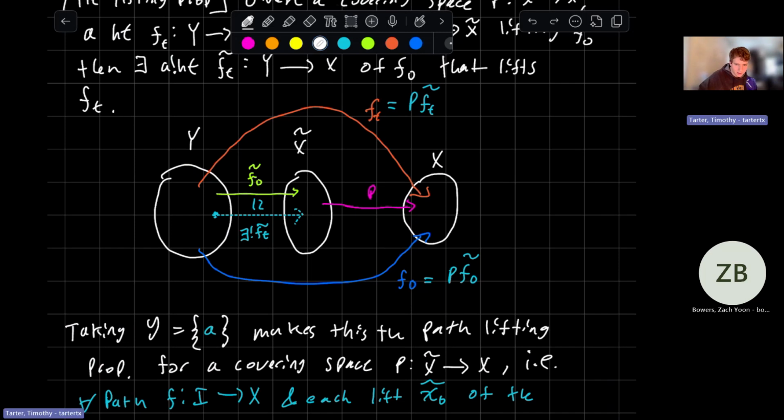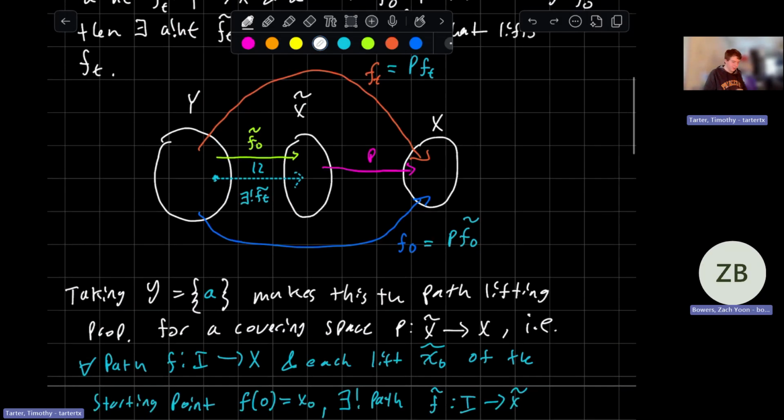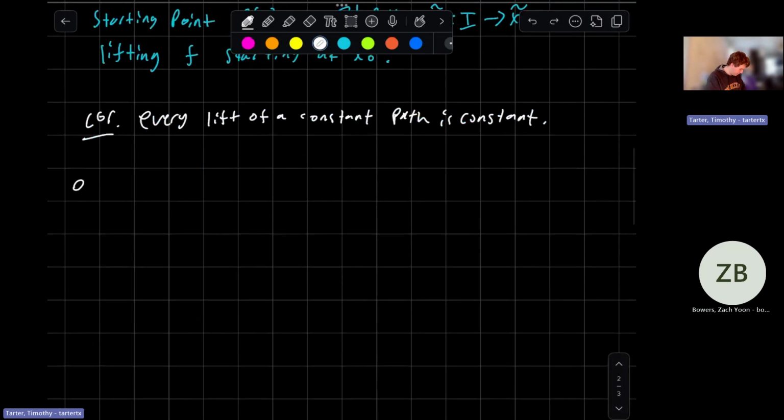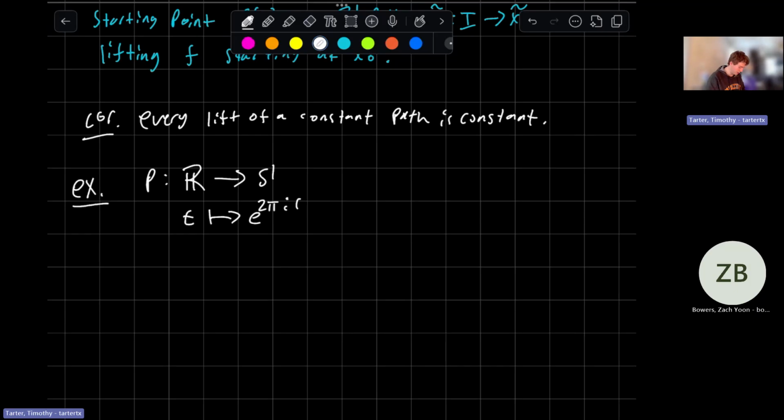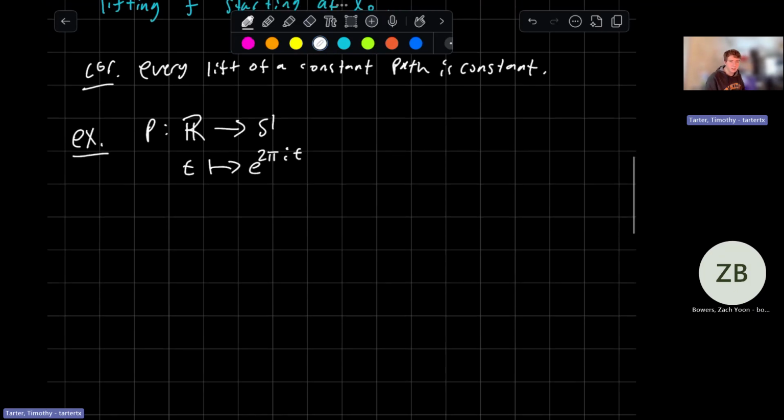Okay, I have a good example. So an example is p from R to S1, which sends t to e to the 2 pi i t.